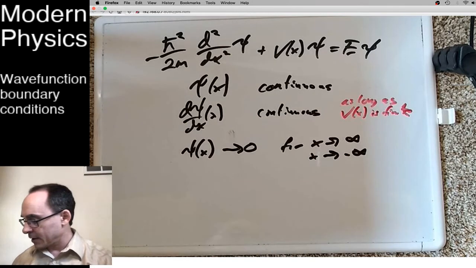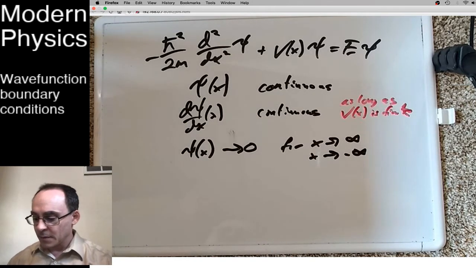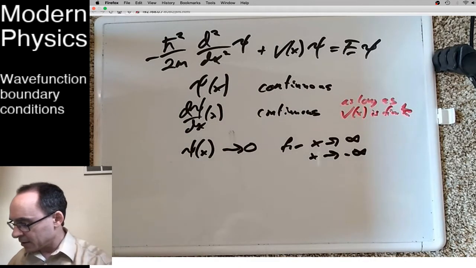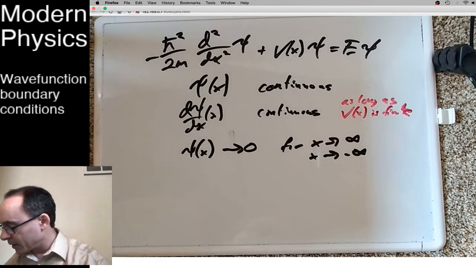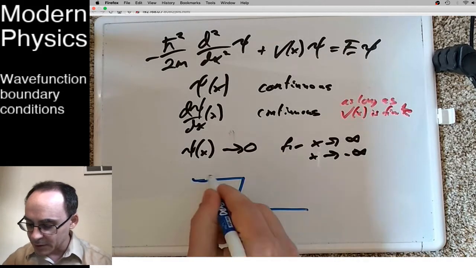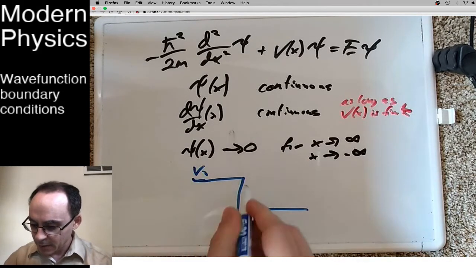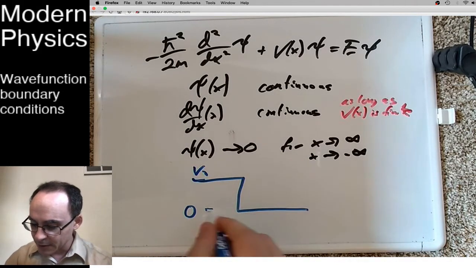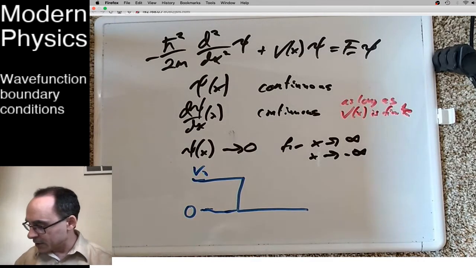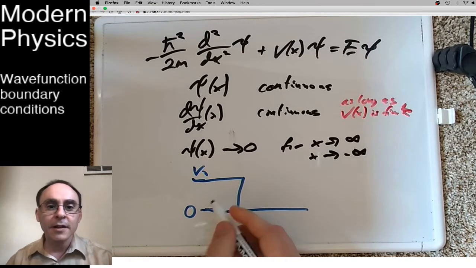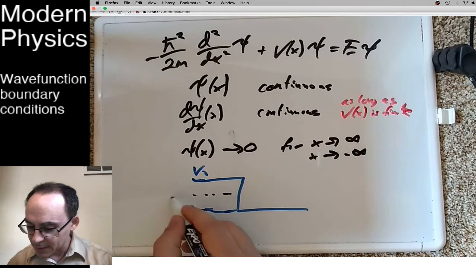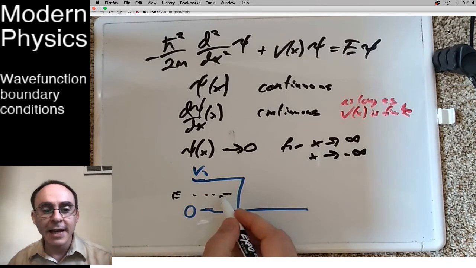So these are the conditions that we typically want for our wave function. For example, if we're doing a solution in two different regions where our potential is like this, with maybe just a constant V here, and then we call this zero energy down here. We said in our previous video that if the energy is less than the V, you have an exponentially decaying solution.